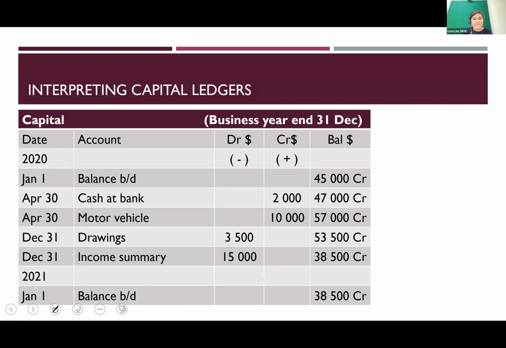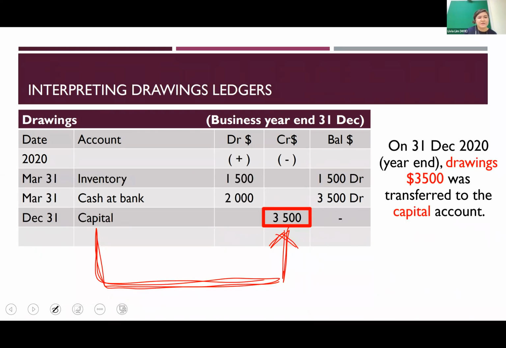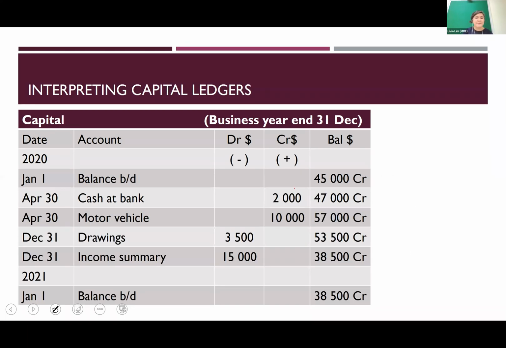All right, so in my previous slide, I have recorded drawings, credit, 3,500. Right, drawings, credit, 3,500 went to the capital account. And in my capital account, because of double entry recording, I will record capital debit, 3,500. Came from where? Came from the drawings account.